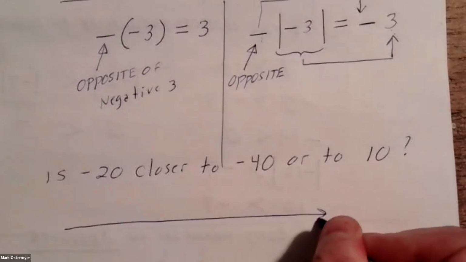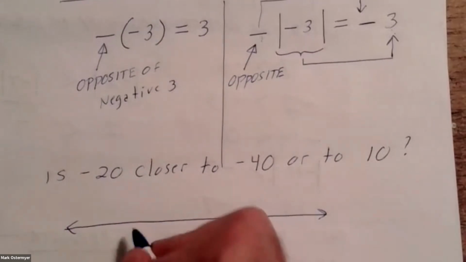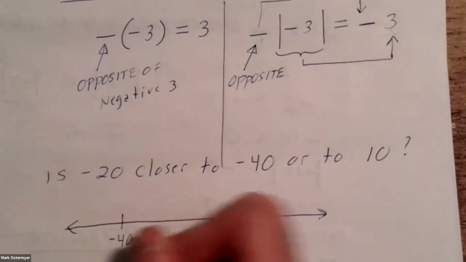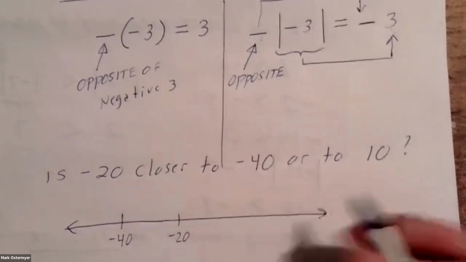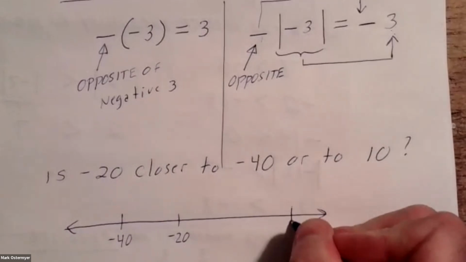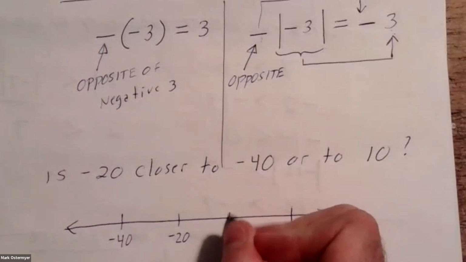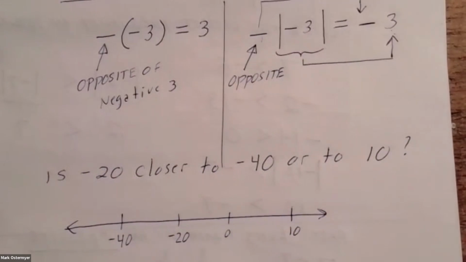If you sketch a quick number line here, you can put your -40 out here to the left, put your -20 a little bit further to the right of -40, and put your 10 way up here, and maybe put your 0 in here somewhere. What number is -20 closer to? -40 or +10? What would be your guess? +10.